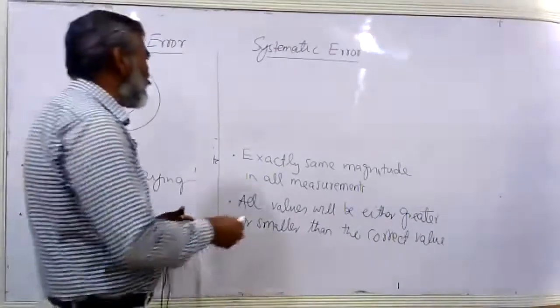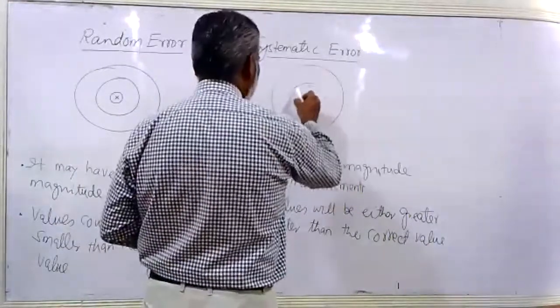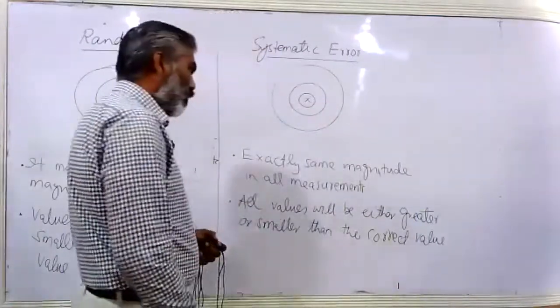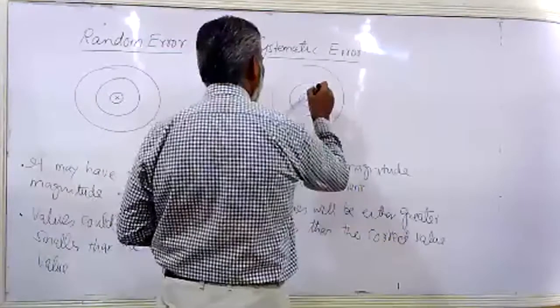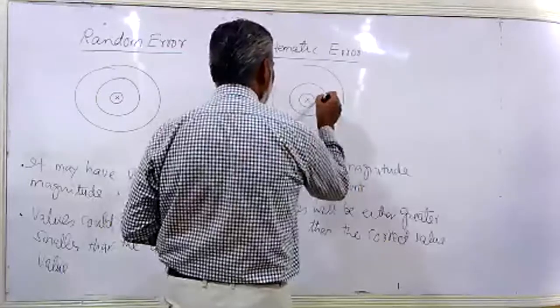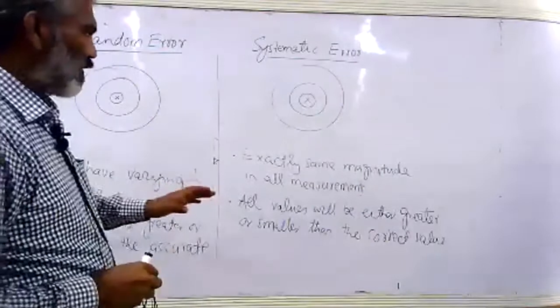But in the case of systematic error, if the rifle that you are using or the bow that you are using has a systematic error, all your shots appear to be on one side. That means there is something wrong with the rifle.